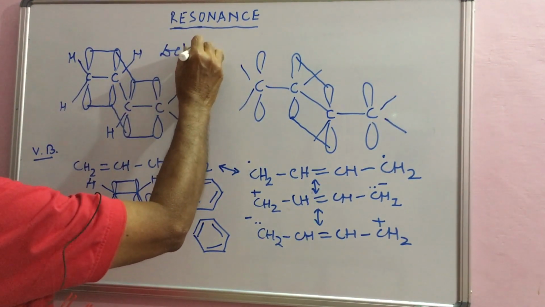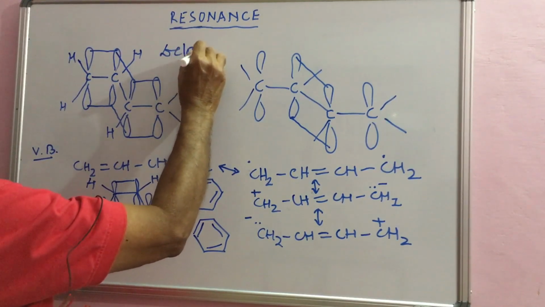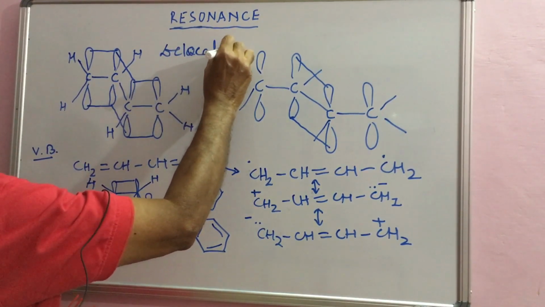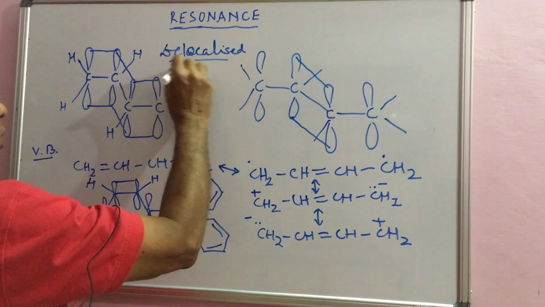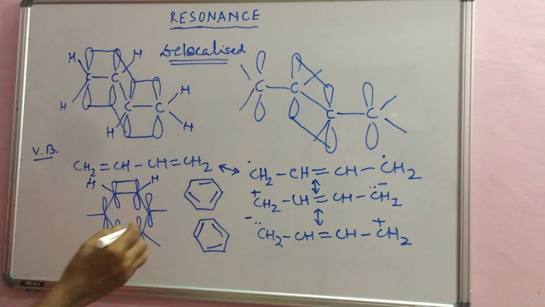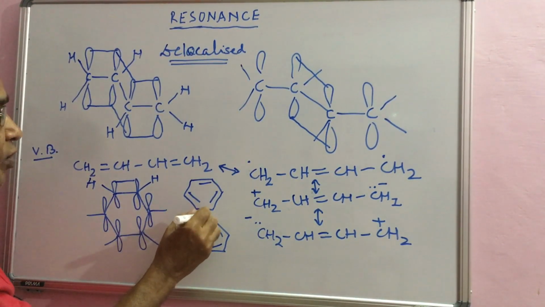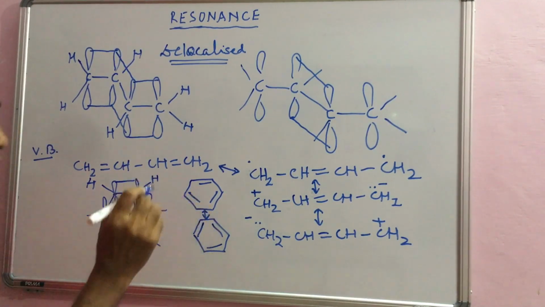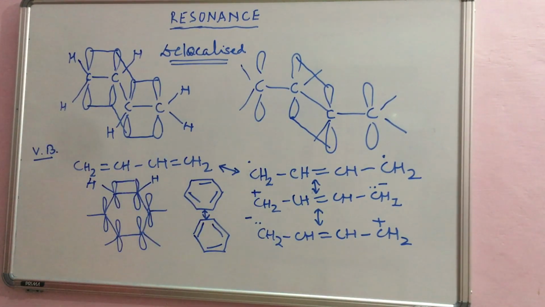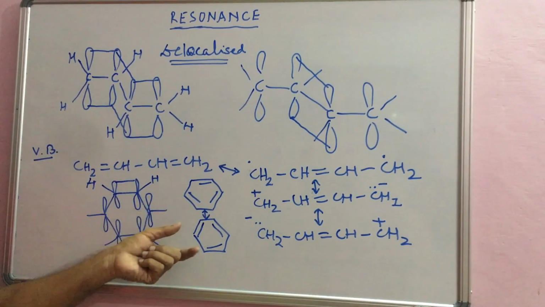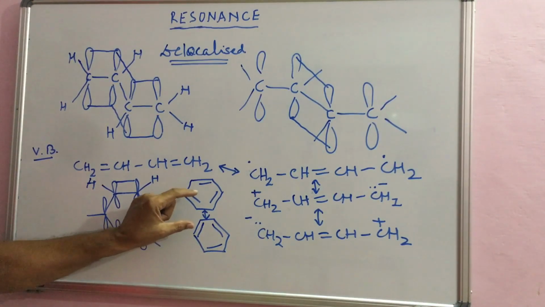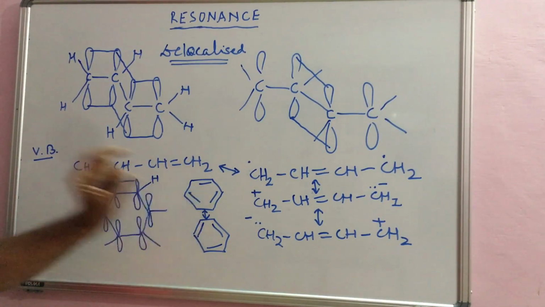Such pi bonds are called delocalized, and we put a double headed arrow between the two and say that benzene is actually a resonance hybrid of these two valence bond structures.